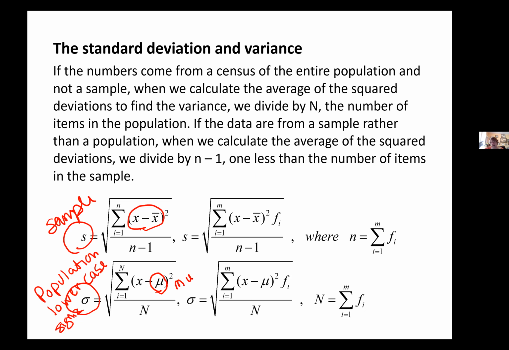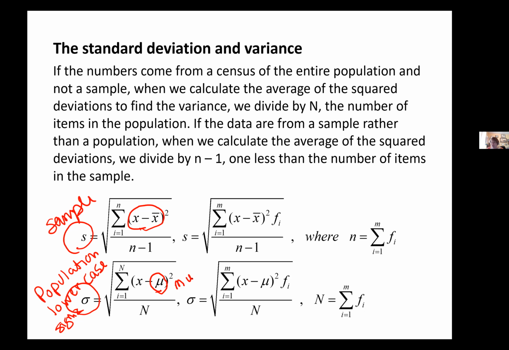When you do this in your calculator and you see the sigma sub x and the s sub x, they are going to be different numbers because they are calculated slightly differently. To calculate the sample standard deviation, you divide by the sample size minus 1. When you calculate the population standard deviation, you divide by the number in your population. Slightly different calculation, slightly different results.